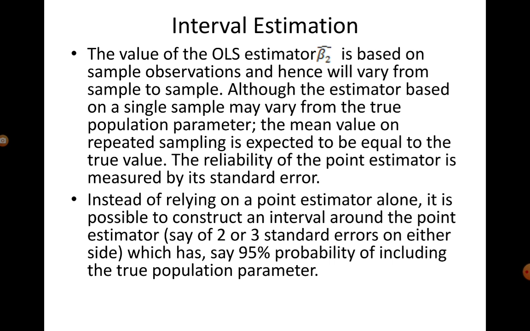With the probability of, say, 95% confidence, we can construct an interval around this point estimator which may include the true population parameter beta 2. So we can construct this interval estimator only if we have an idea about the distribution of the point estimator beta 2 hat.